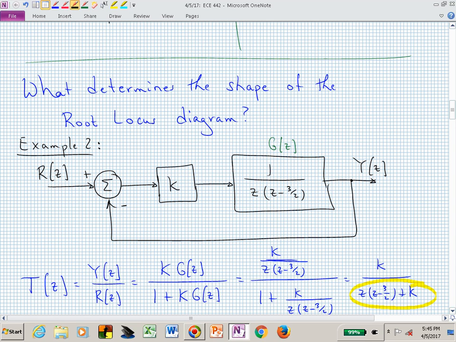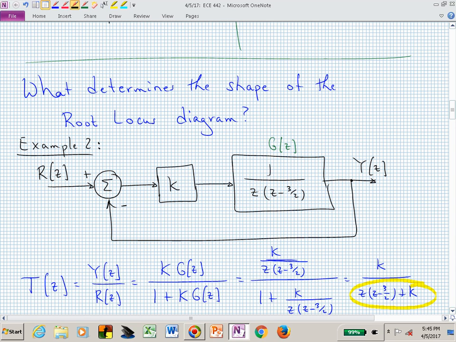And I work all of that through, and basically now the numerator of my denominator, is that making any sense? So now I have a ratio of ratios, correct, in my T sub C of z. I have a ratio in the numerator and I have a ratio in the denominator. But what governs the dynamics is the numerator of the denominator, the 1 plus kG of z.